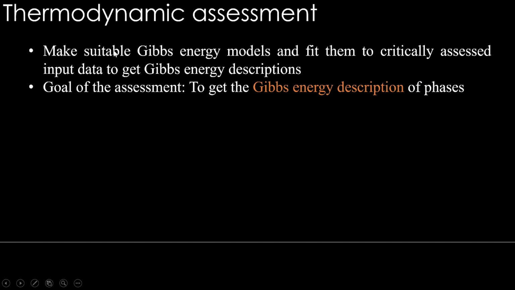So this is what thermodynamic assessment is. Make suitable Gibbs energy models and fit them to critically assessed input data, not any input data, critically assessed input data, to get Gibbs energy descriptions. The goal of the assessment is to get the Gibbs energy description of phases, right? So this is what we are going to do.